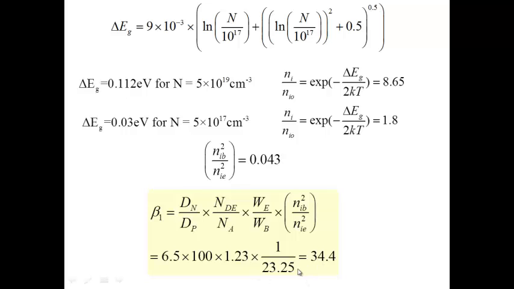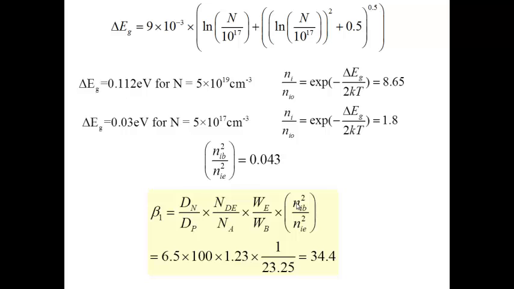If you don't take band gap narrowing into account, you would expect a gain of 800. You go and make a bipolar transistor with that doping and you measure 34 or 35. All of that is occurring because of this extremely important phenomenon of band gap narrowing, that the band gap in the emitter is significantly smaller than the band gap in the base.